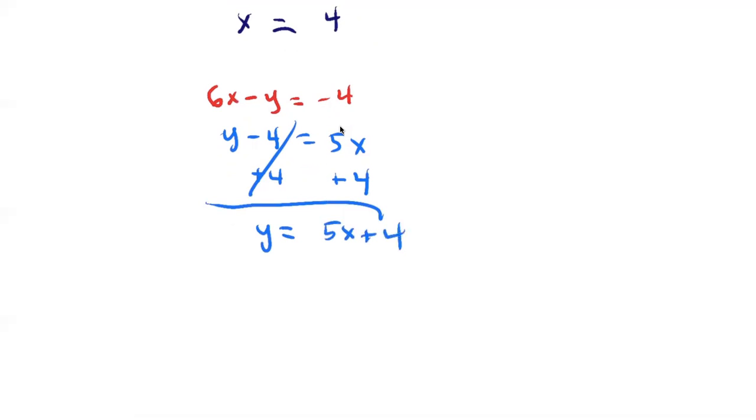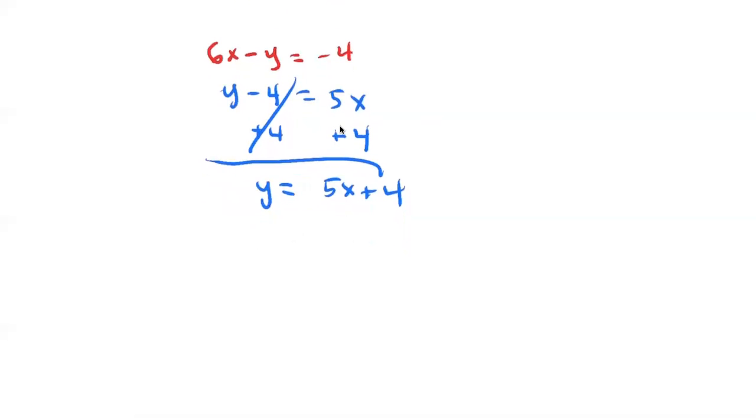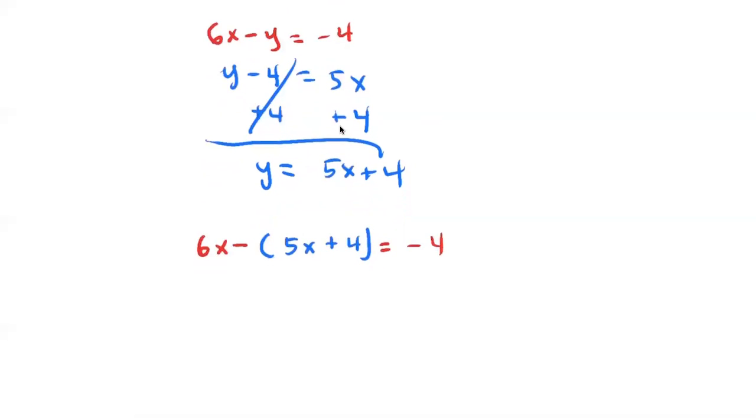Now, what can we do? We can actually use something called substitution, and plug this y equals 5x plus 4 into that red equation. So we'll have 6x minus (5x plus 4) is equal to negative 4.